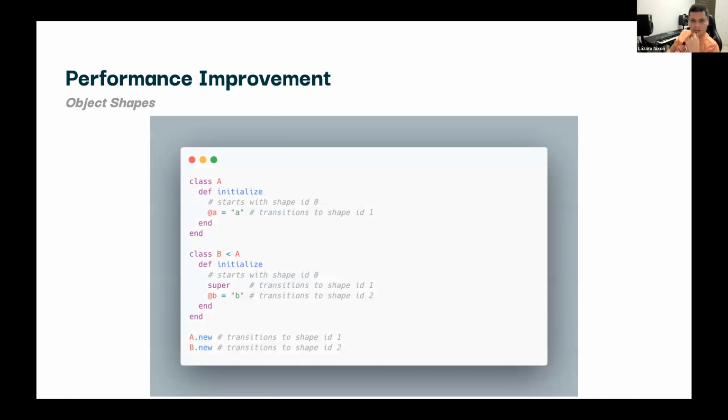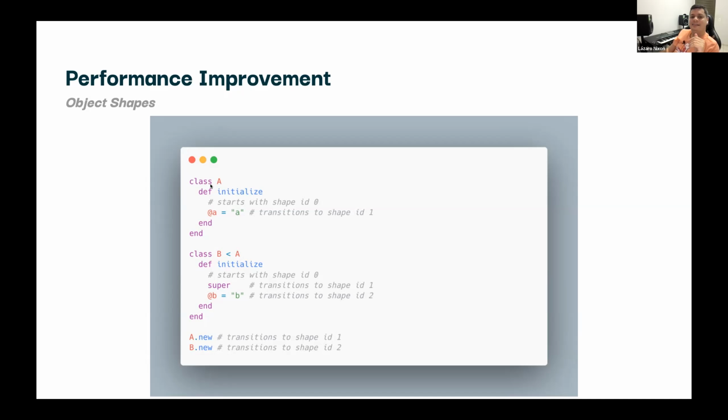Okay, here's an example. We have class A and we have class B that extends class A. Then we instantiate class A and class B. It starts with shape ID 0, the 0 is just a number. Then it transitions to ID 1.